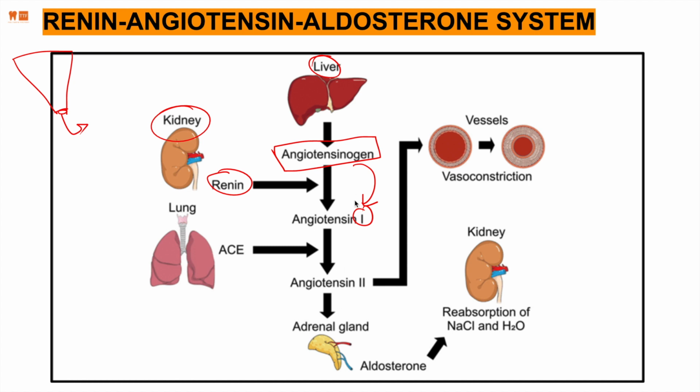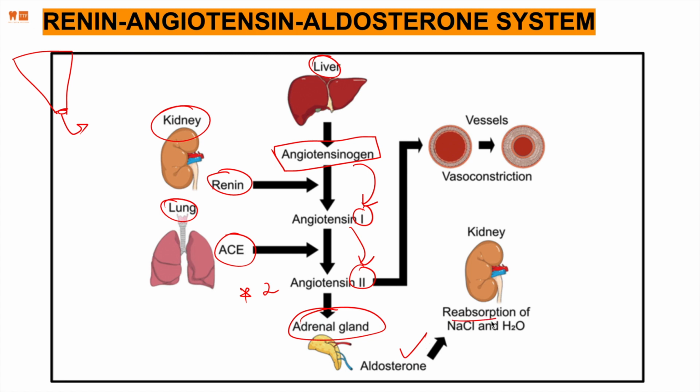Angiotensin 1 is really not that useful, but an enzyme produced by the lung, known as angiotensin converting enzyme, will convert the first angiotensin model to the second angiotensin 2 model. Now we have angiotensin 2. That angiotensin 2 is the powerful molecule that acts on the kidney itself at the adrenal gland and leads to aldosterone production.